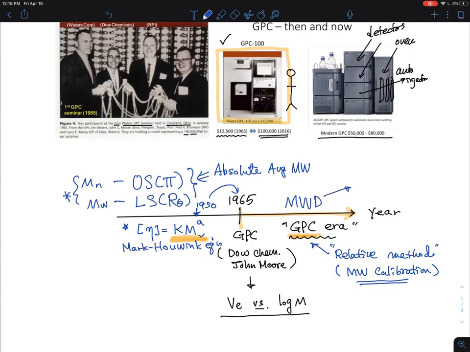Once you know that, you can get Mn, Mw, and dispersity of the molar mass distribution. And most people report these two values as they essentially represent the average size of the polymer molar mass, and also how wide the molecular weight distribution is.